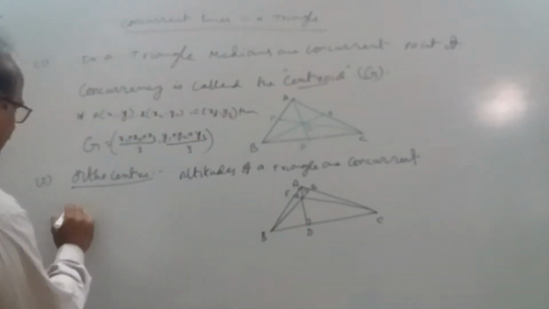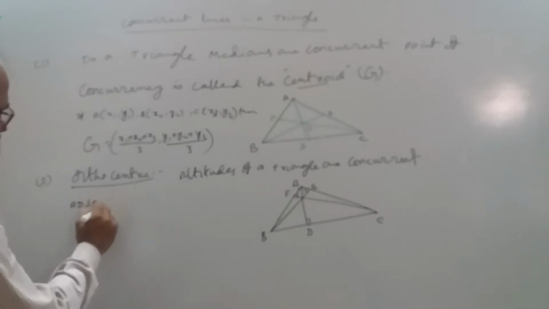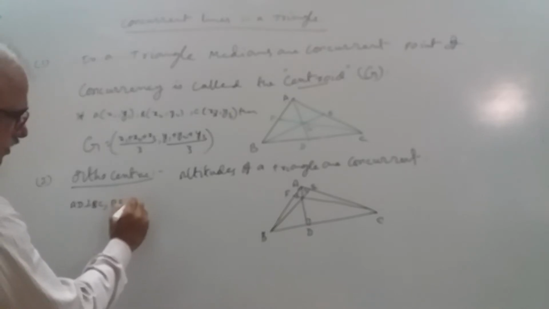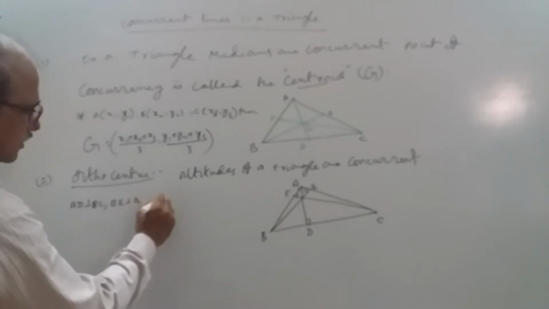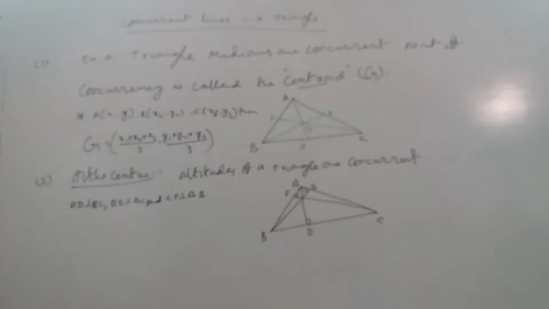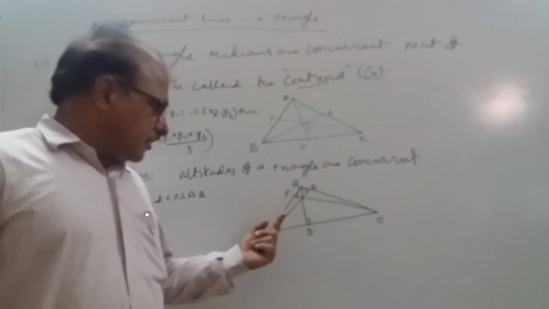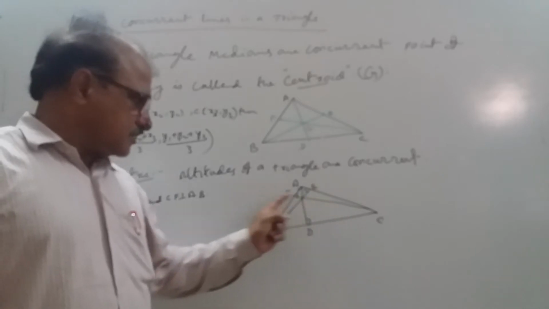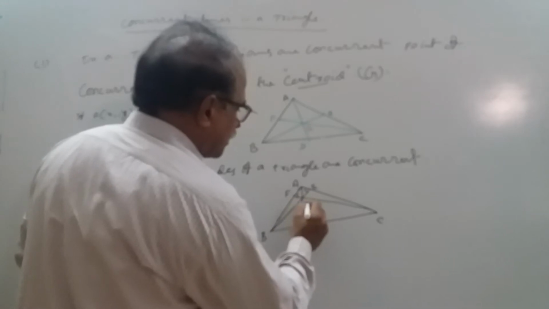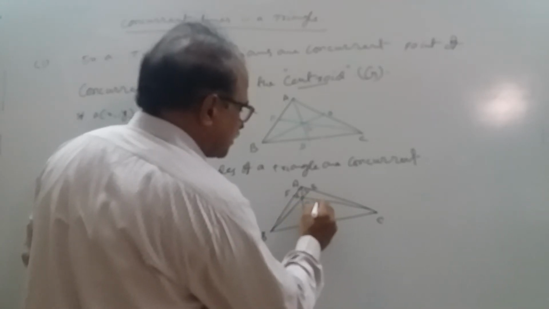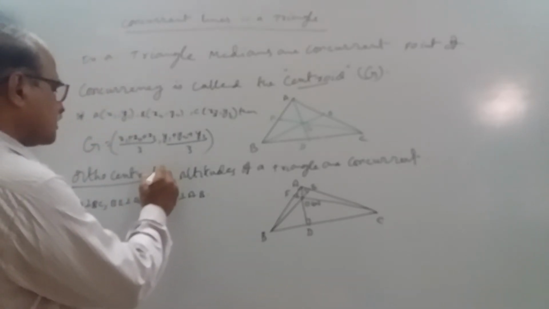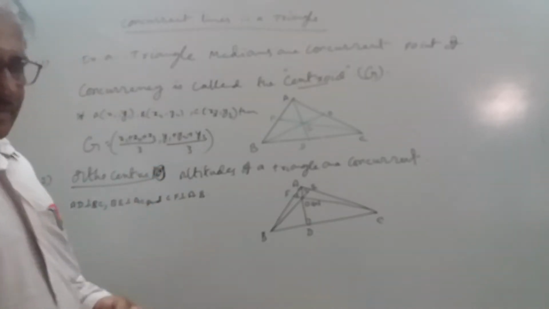Here AD is perpendicular to BC, BE is perpendicular to AC, and CF is perpendicular to AB. Then the concurrent point of AD, BE and CF is known as the orthocenter, O or H.